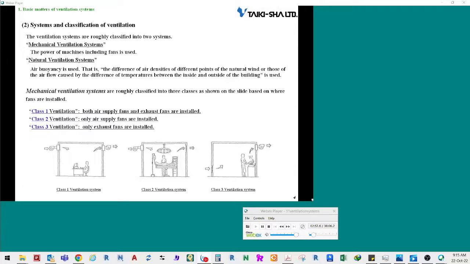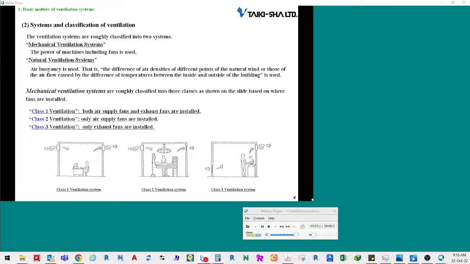Mechanical ventilation systems are roughly classified into three classes as shown on the slide based on where fans are installed. For Class 1 ventilation systems, both air supply fans and exhaust fans are installed. For Class 2 ventilation systems, only air supply fans are installed.